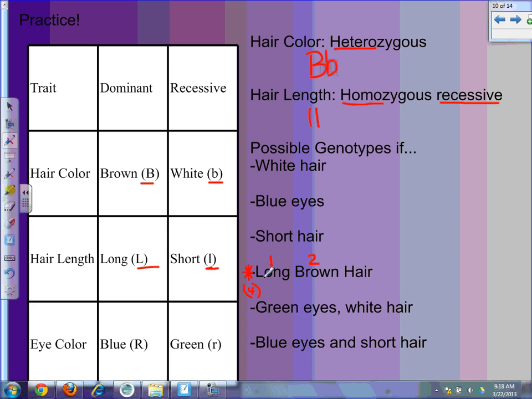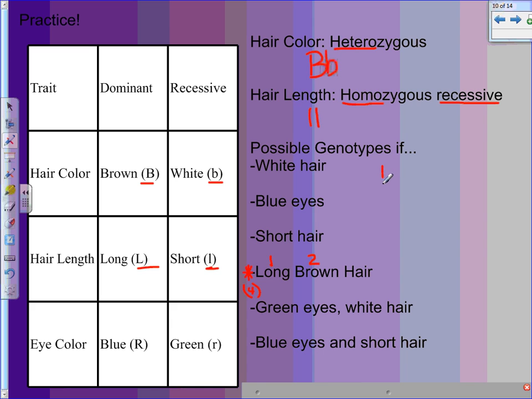If we wanted long hair, we could go big B, big B, big L, big L. That would give us brown hair that's long. The reason I did it this way, and these are all for this problem, is that I'm putting them up here so I have enough space. By convention, we usually put the letters in alphabetical order, so B should come before L's.